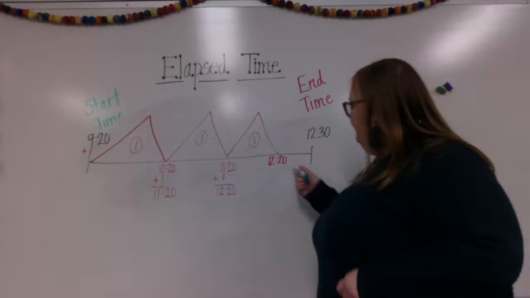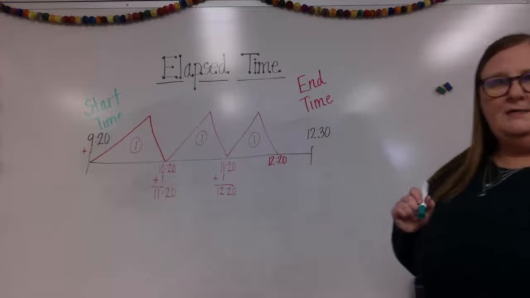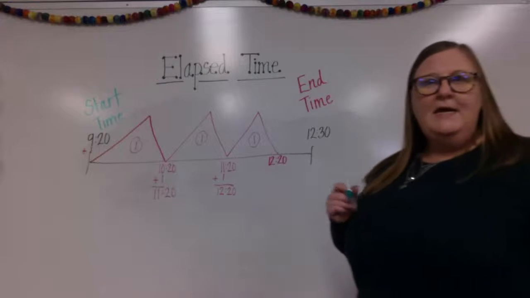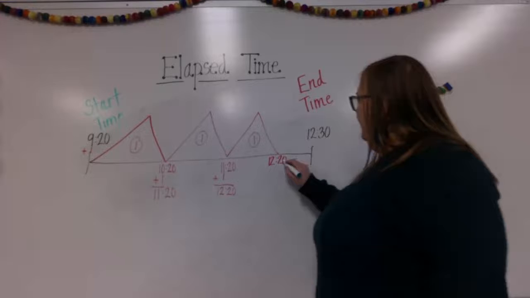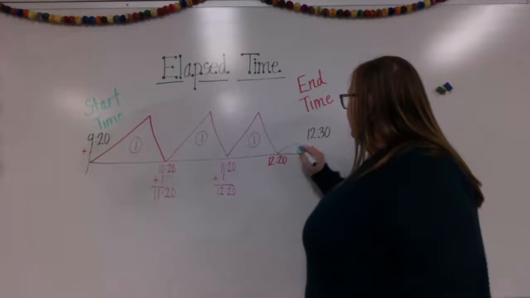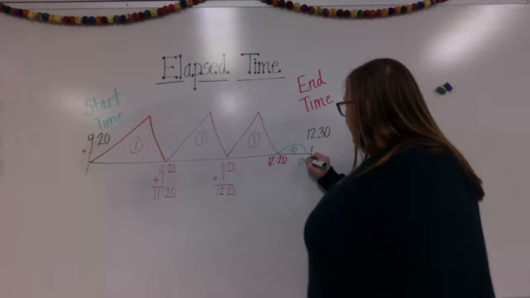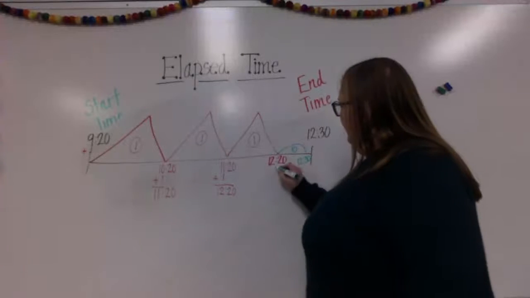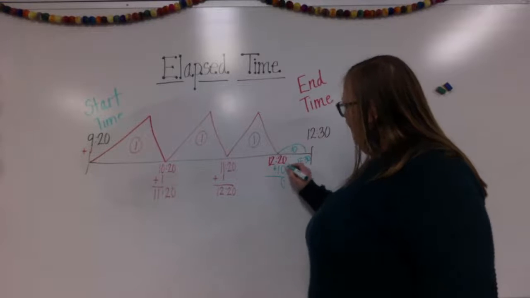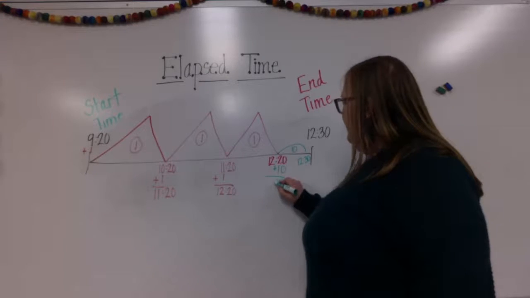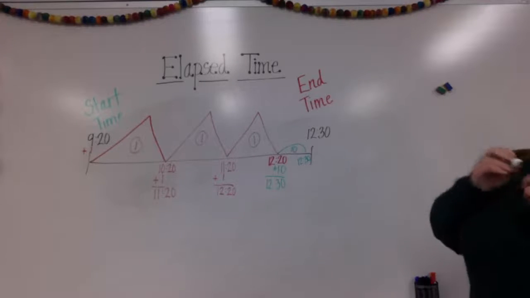We could add just 5 more, but I know that from 20 to 30 is 10 minutes, especially if I can count by tens, right? 10, 20, 30. So this time I'm going to make a hill that says 10, and it's going to be 12:30 when I add these 10 minutes. I'll even do that for you. 0 plus 0 is 0. 2 plus 1 is 3, and we bring our hour down. So now we are to our end time.